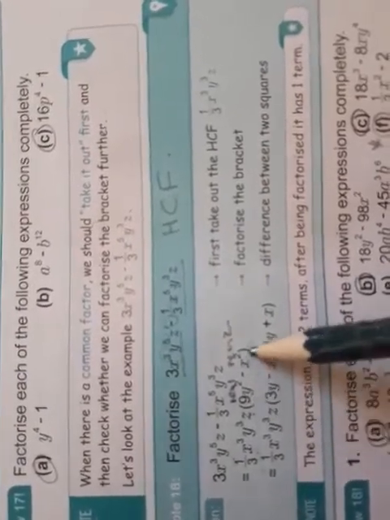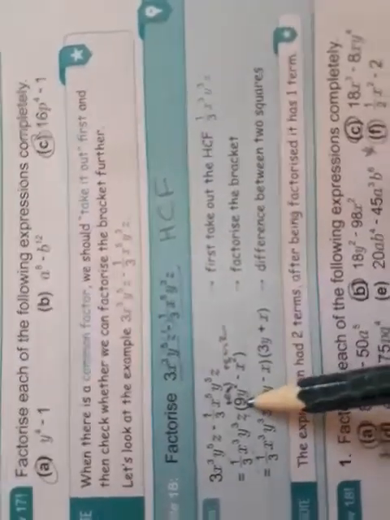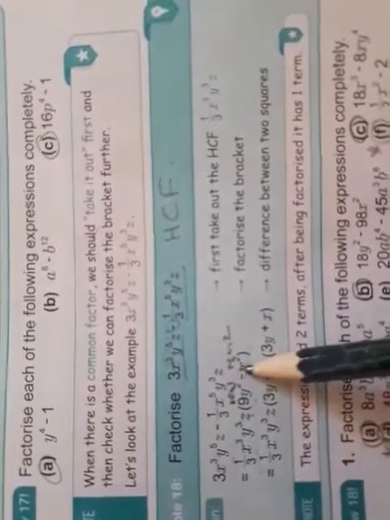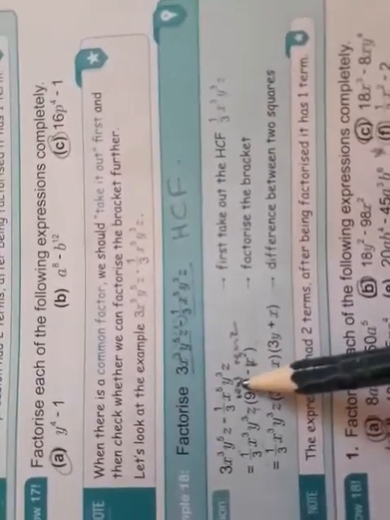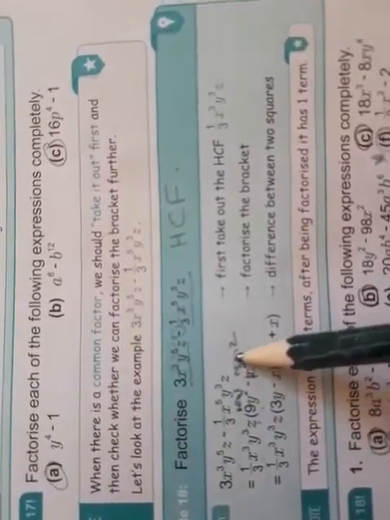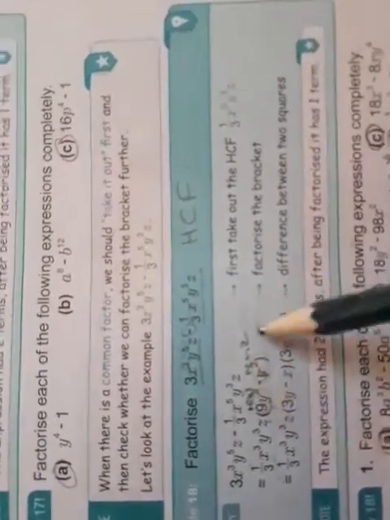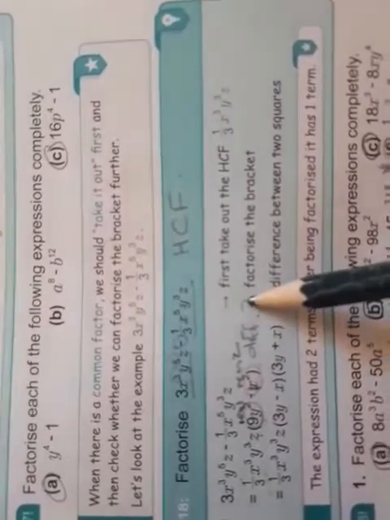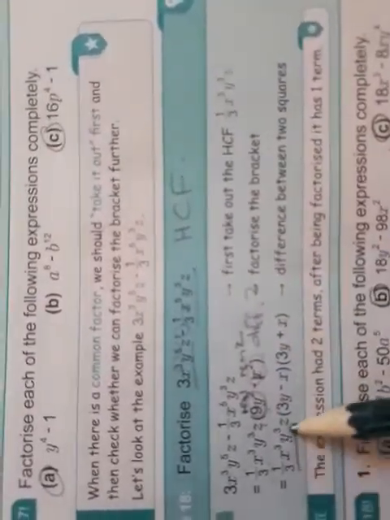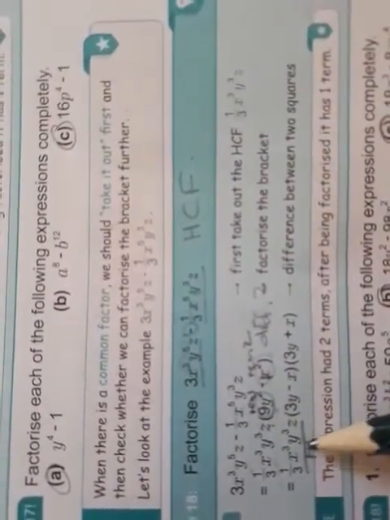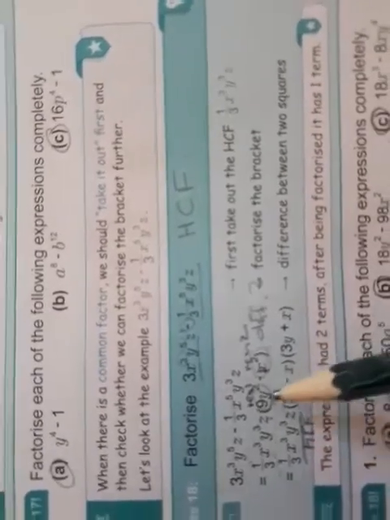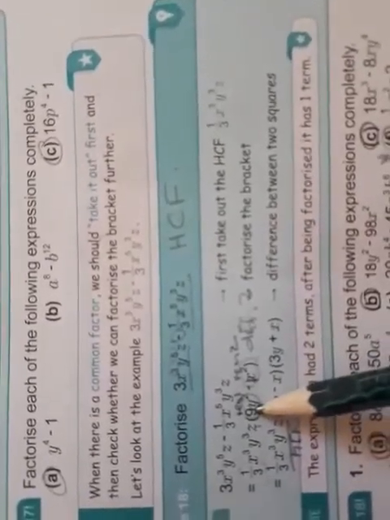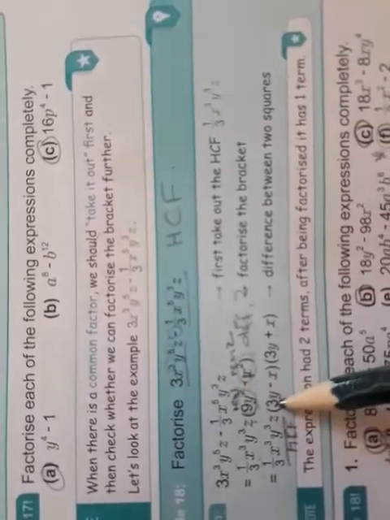And now if you look at the bracket again, people, 9 is a square number, 1 is a square number, this is an even index, 2 terms. So therefore, this again is the difference between 2 squares. Okay, so now you got your highest common factor, and now you must take the square root of 9y squared, which is 3y.